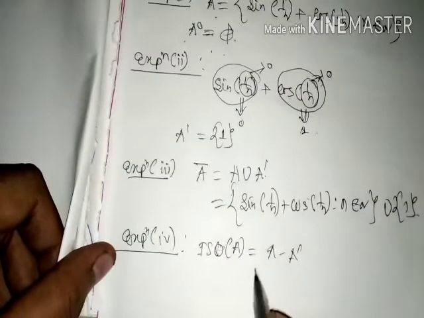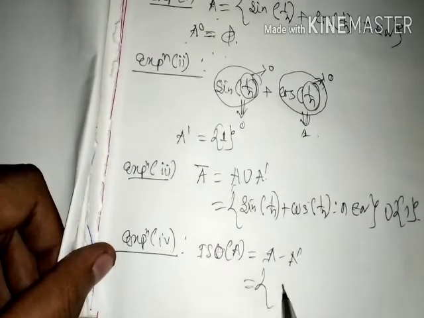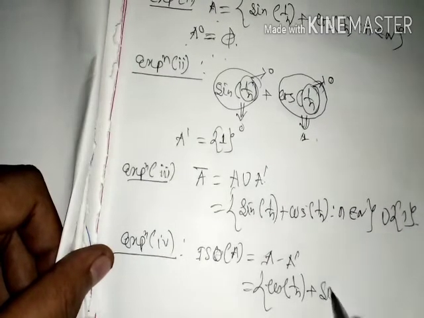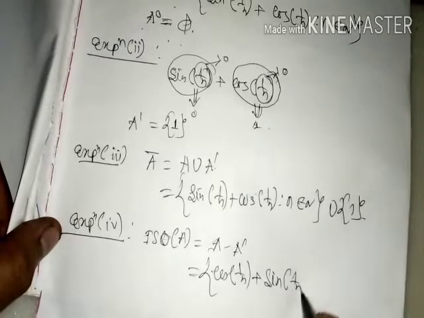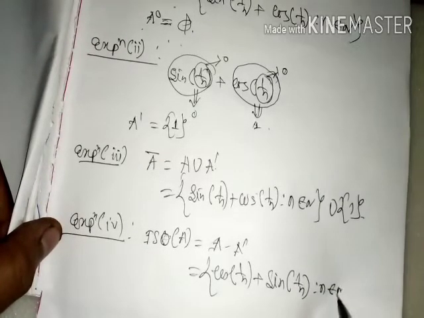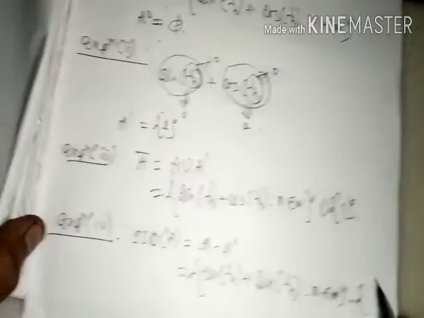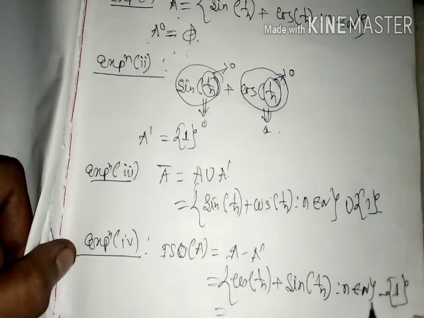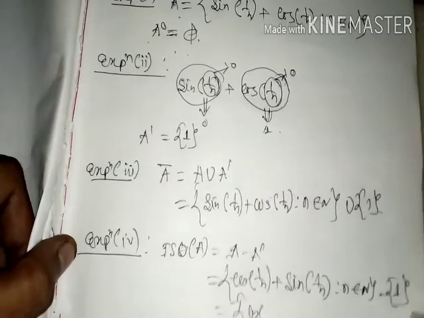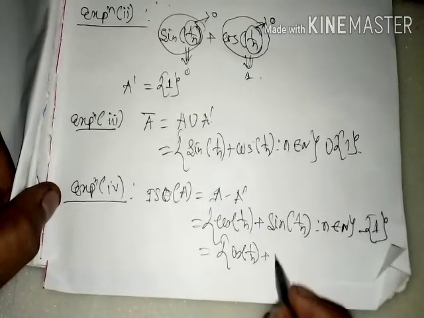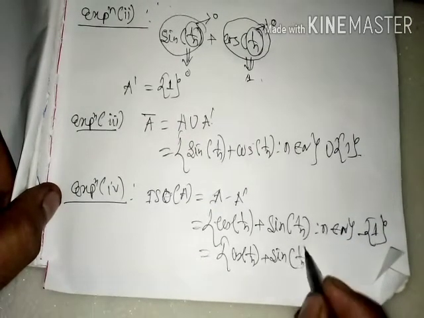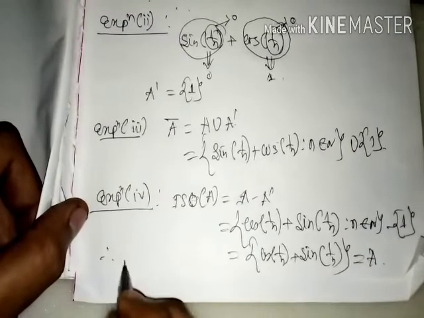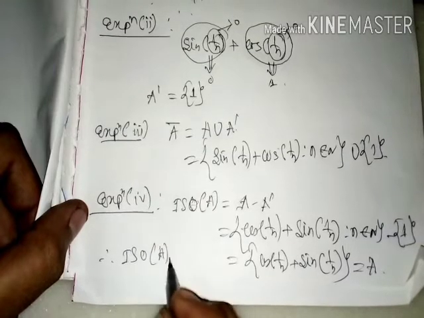Putting the value, A equal to {cos(1/n) + sin(1/n) : n belongs to N} minus {1}, this is {cos(1/n) + sin(1/n)}, which is A. That is, in this case, Iso of A equals A.